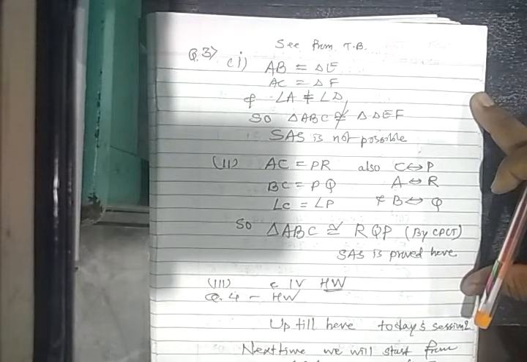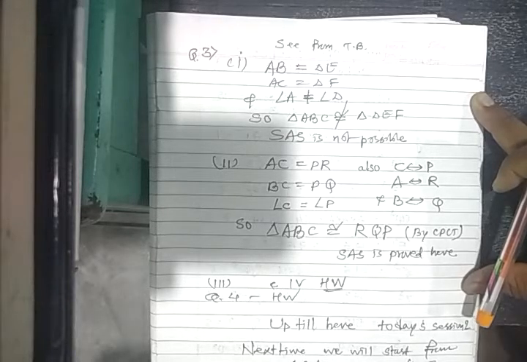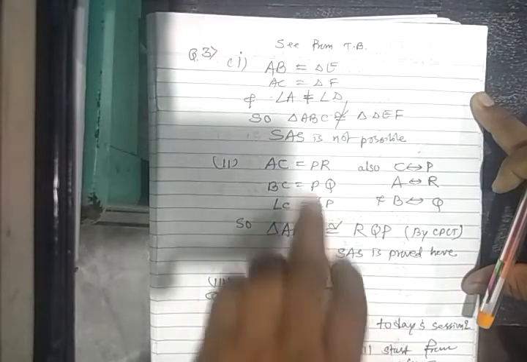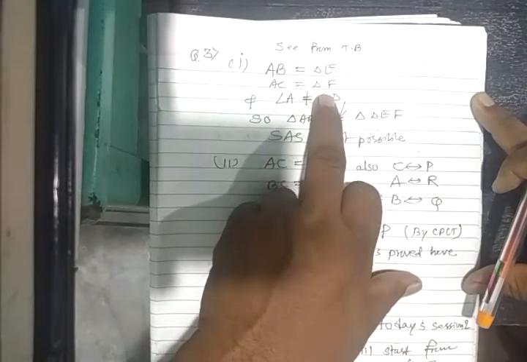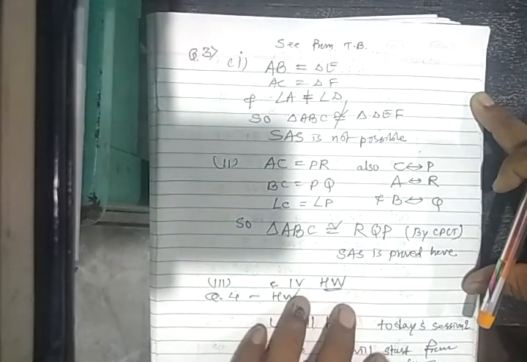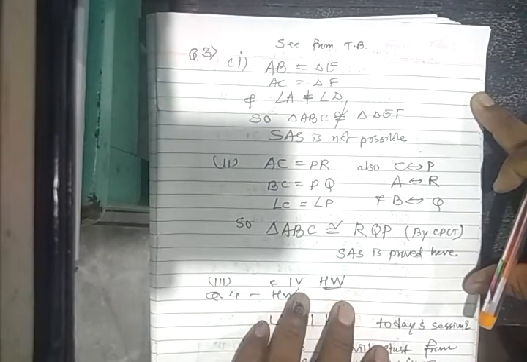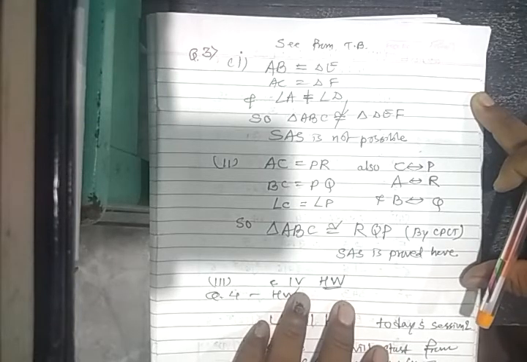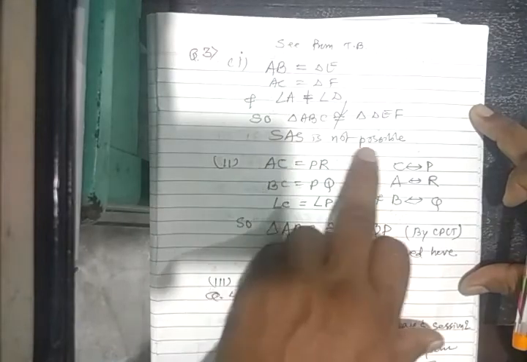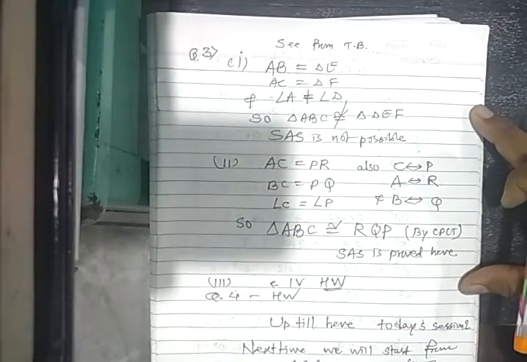If you do not have the textbook, then you cannot understand. So please open the textbook and try to understand this. AB is equal to DE, AC is equal to DF, but here angle A is not equal to angle D. So here triangle ABC is not congruent to triangle DEF. So SAS is not possible in number 1 case.